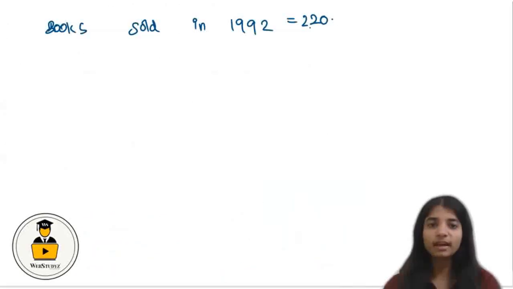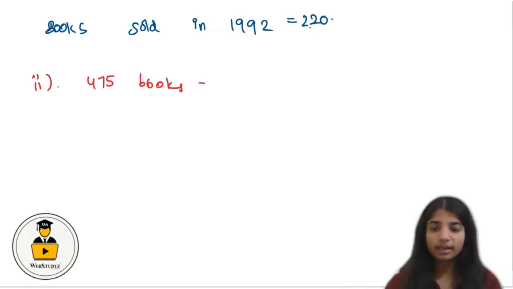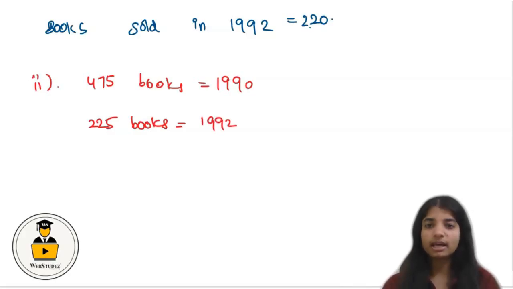So we can say that the answer to the part 2 is 475 books sold in year 1990 and 225 books, this is basically an approximate value, sold in year 1992. So this is the answer to the part 2.